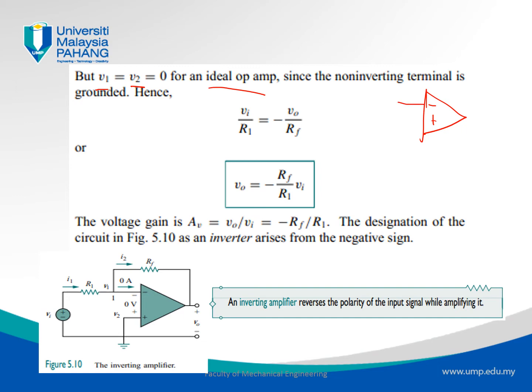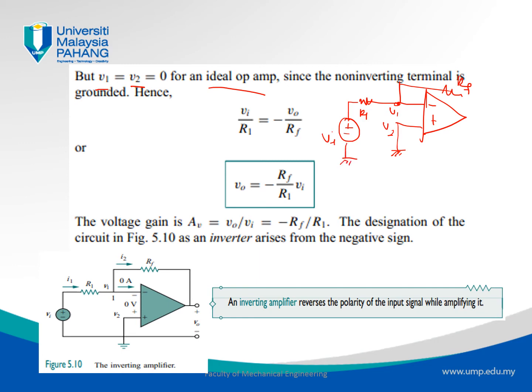The point V1 is this point here, and the point V2 is the point at the non-inverting terminal that's connected to the ground, right? And then we have the feedback over here. We're not going to look at this first, but for this part we have R1, and then it's connected to a supply called Vi, and we have ground here.